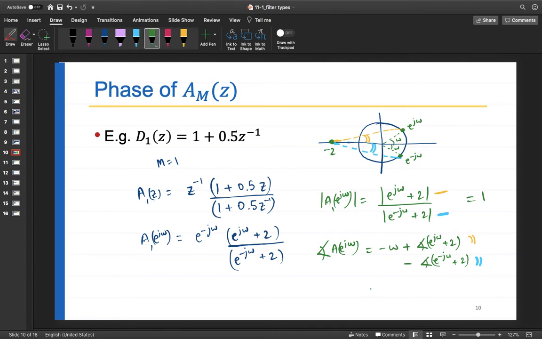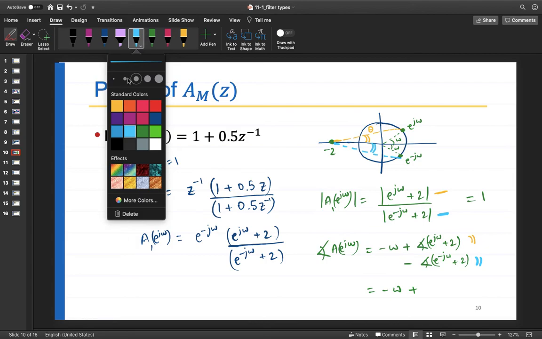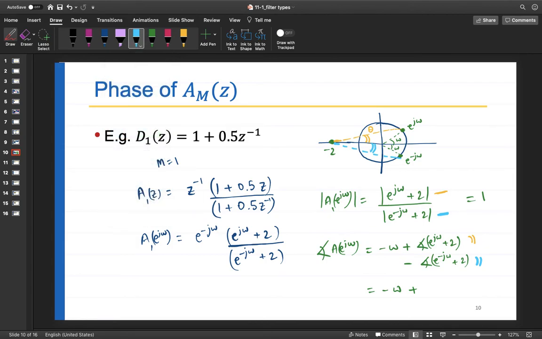So what we get here is minus ω plus, if I call this θ, then the blue one will be minus θ.